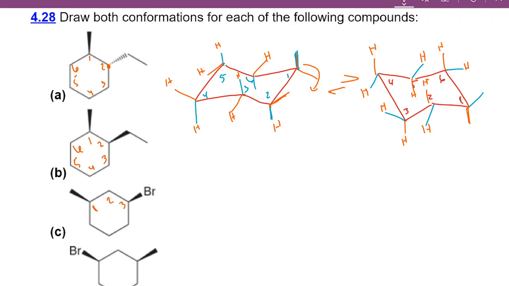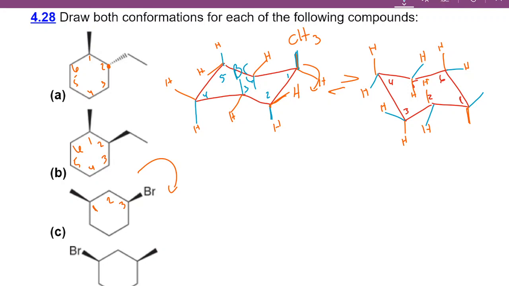Our methyl group is on carbon 1, and we'll call that axial up because it's pointing toward us on that side of the ring. If we rotate this ring around and flip it sideways, then at the second carbon we just have hydrogen. At the third carbon we have a bromine in the up position, so right here on carbon 3, instead of a hydrogen, we're going to have a bromine. So that's axial.